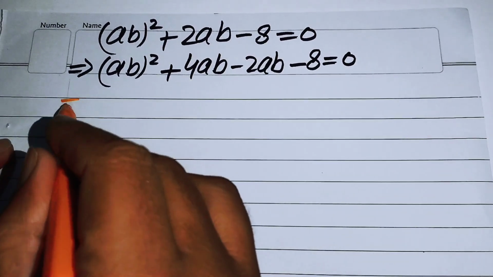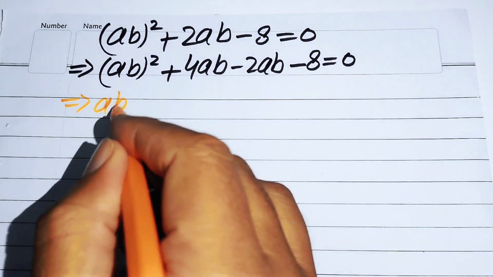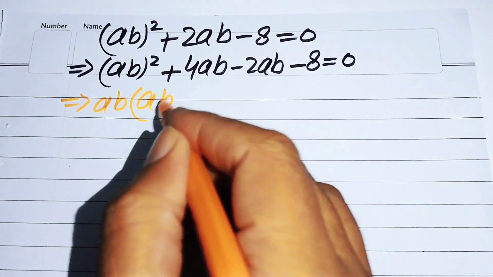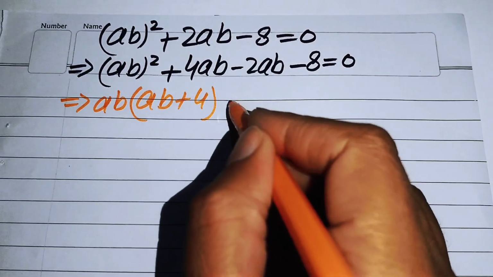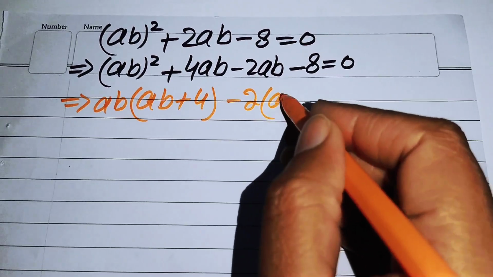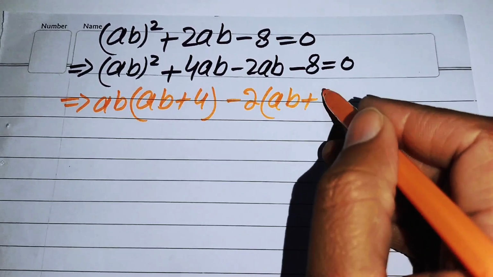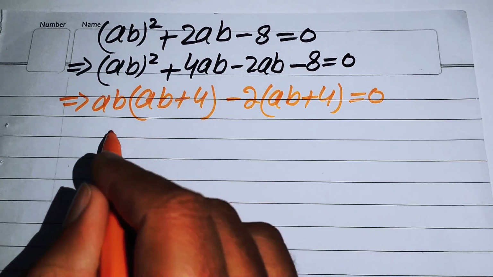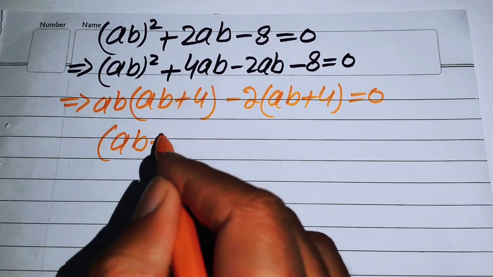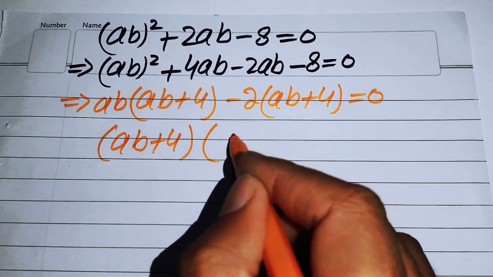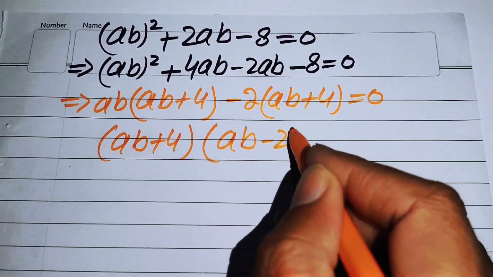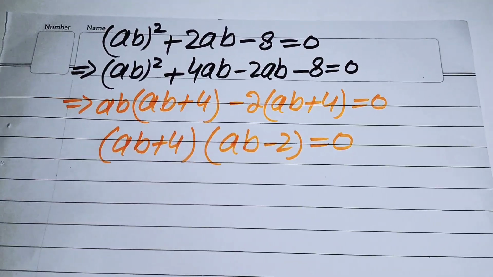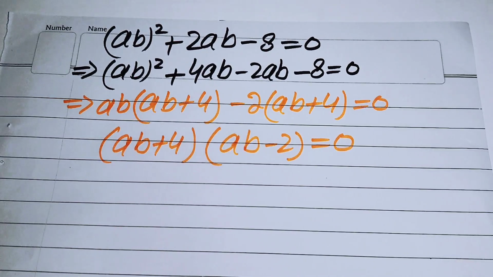So that in the next step we will just take common ab on the first two terms, and you get here ab plus 4, and here we take common minus 2, and you obtain ab plus 4 equals to 0. And now you can take common ab plus 4 on both of the terms, and we get here ab minus 2 equals to 0. So here we have two cases.